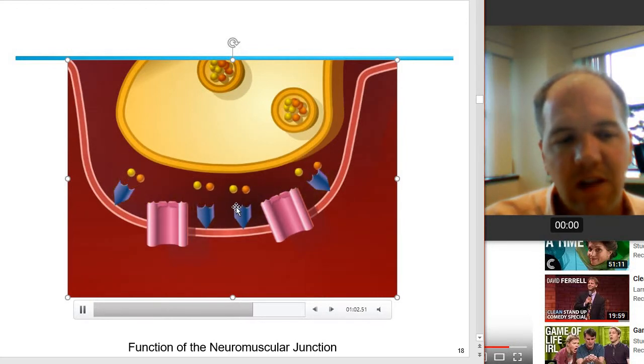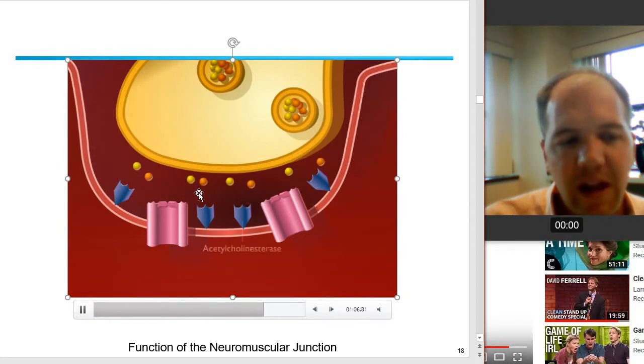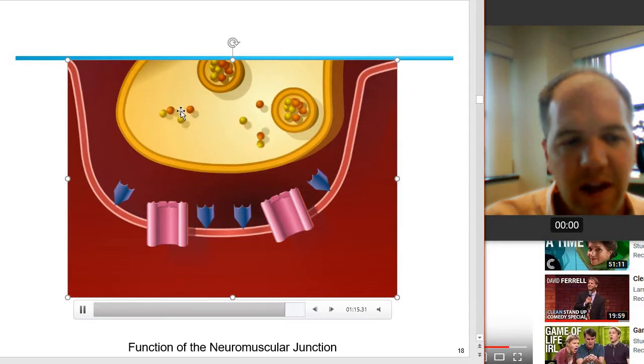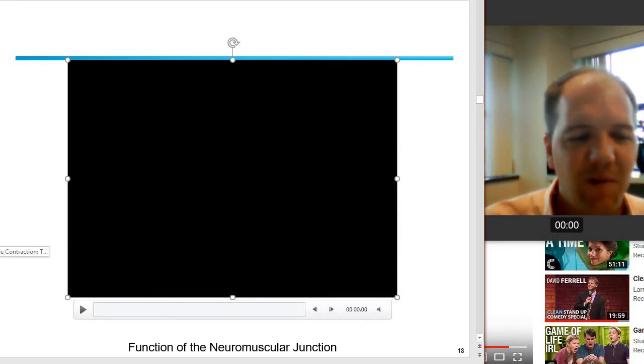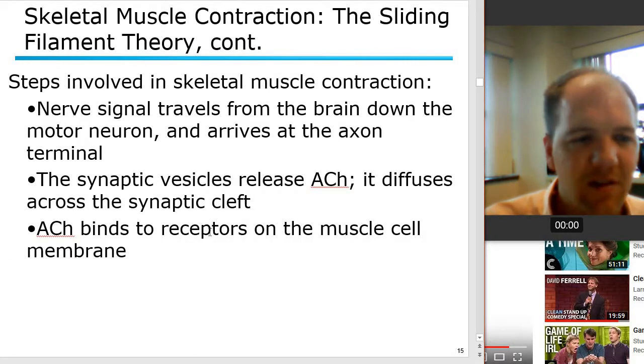These chemicals chop up the acetylcholine into pieces, which can then be reabsorbed into the axon terminal, and acetylcholine can be reproduced, put into vesicles, so that our muscle can then contract again. And there you go. Wow, that's a lot of stuff to learn.